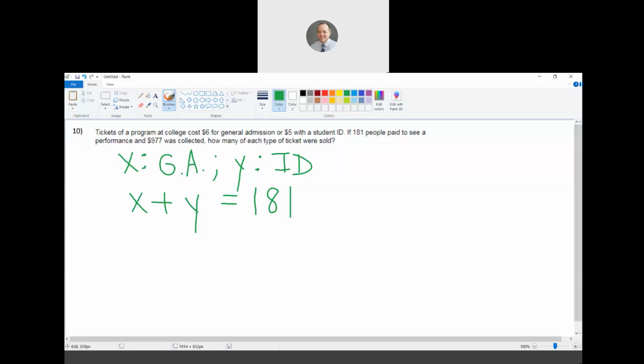Our second equation is just like the first, but we're introducing the dollar amounts. So for general admission, it's $6 per ticket or 6X. Student ID is $5 per ticket or 5Y. And there was $977 collected.